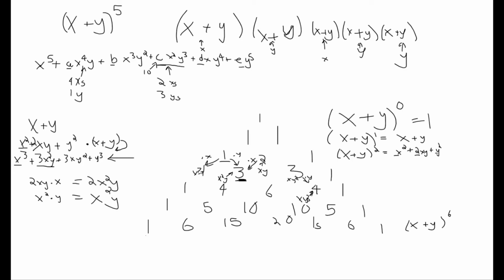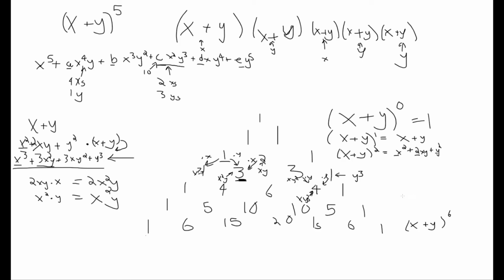Because if this whole thing is being multiplied by x plus y to get x plus y to the 4th, this will be multiplied by y to produce xy cubed. This 1 over here represents the coefficient for y cubed, and if y cubed is multiplied by an x, then it will produce one of the xy cubes.